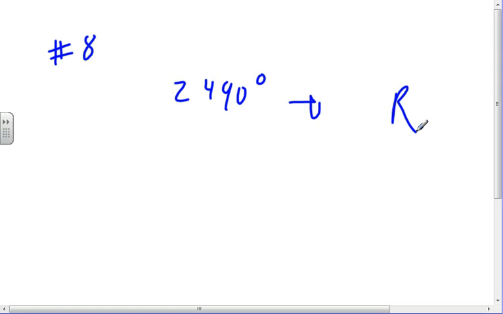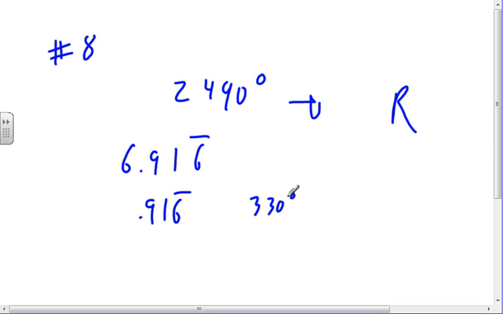And I'm going to have 6.916 repeating. That's what I'm going to do. So that's how many 360s I got. I'm going to subtract 6 from that so that I only have the 0.916 repeating left over. And I'm going to multiply it by 360, and I'm going to get 330 degrees. So when I subtract all the 360s that I have going around, I only have 330 degrees.